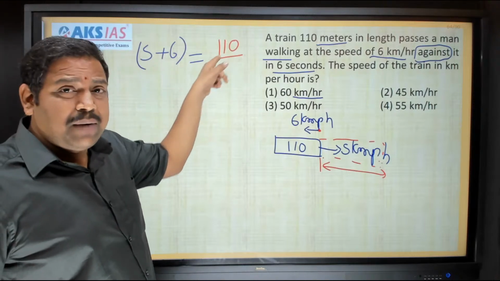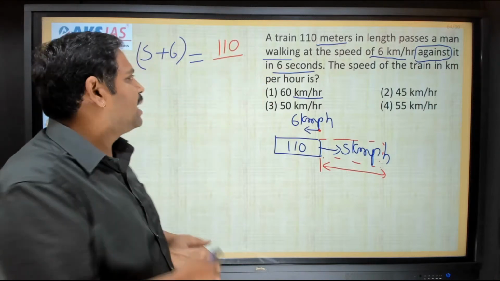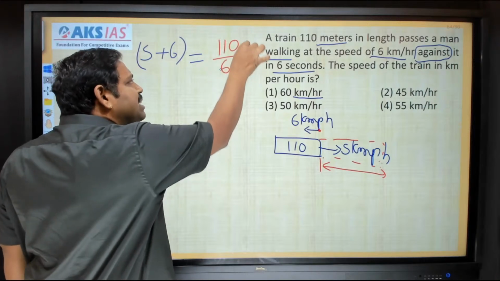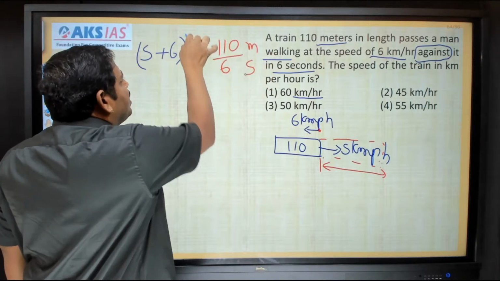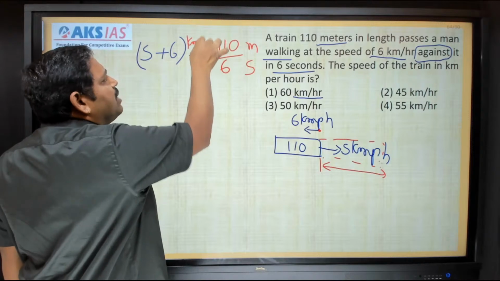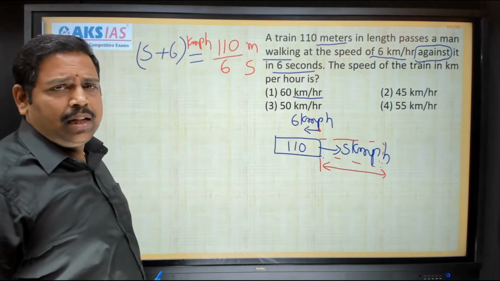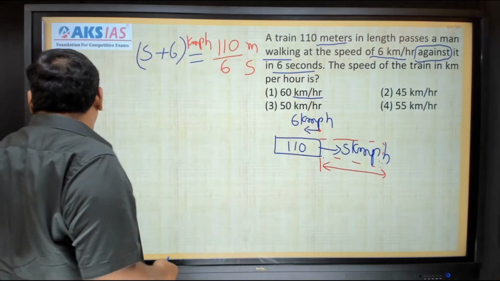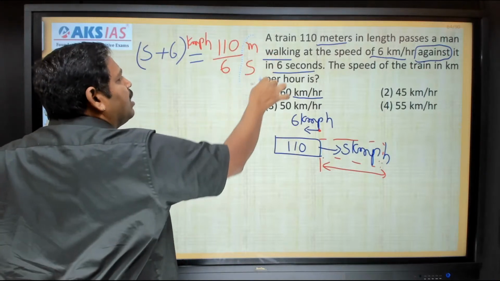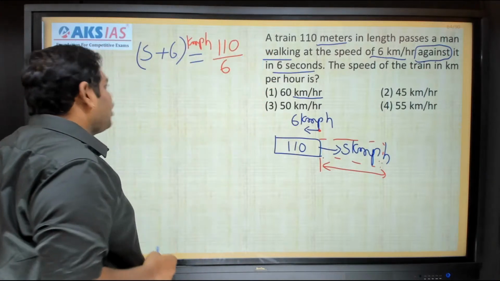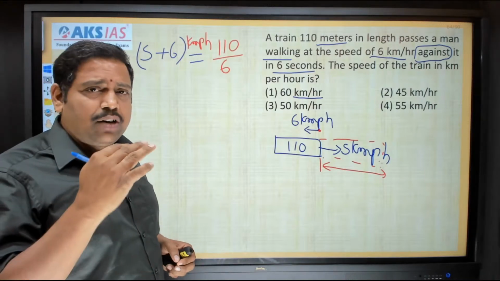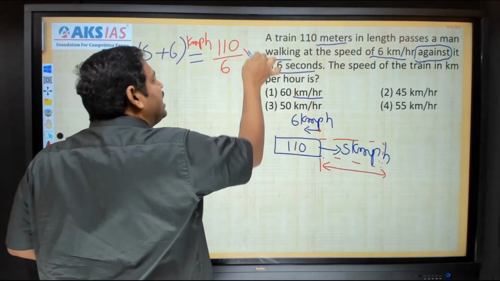So speed means distance by time. How much time it took? 6 seconds. Okay. So this is meters, this is seconds. But this is kilometers per hour. Then how can I equate these two? No, I should not, right? If I want to equate, this should be converted in terms of kilometers per hour, right? If I want to convert meters per second to kilometers per hour, I should multiply with 18 by 5, right?